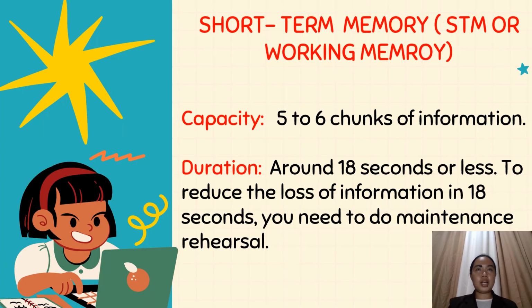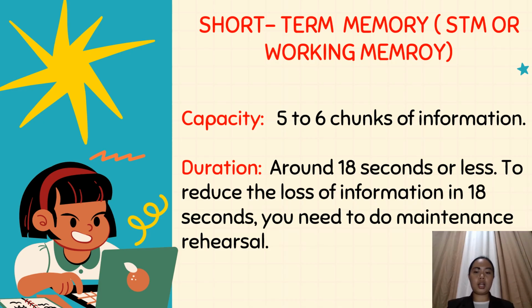The second one is short-term memory, STM, or working memory. Short-term memory is the second stage in the information processing model. It is where information that has been attended to is temporarily held for immediate use or processing. The capacity of short-term memory is about 5 to 6 chunks of information at a time.